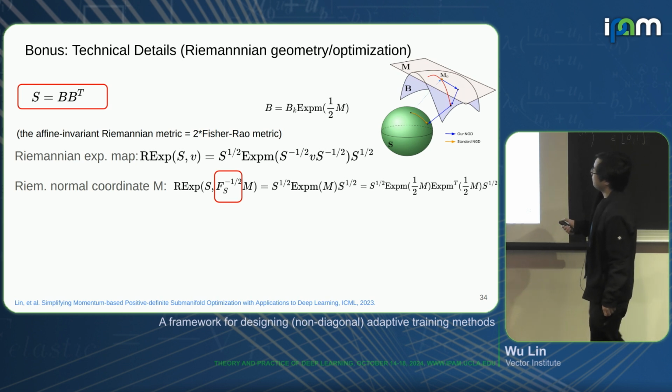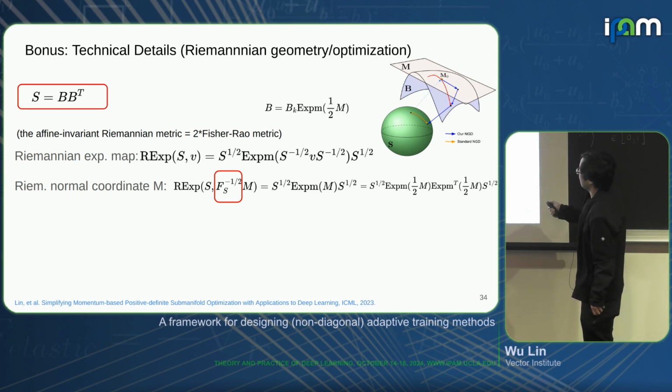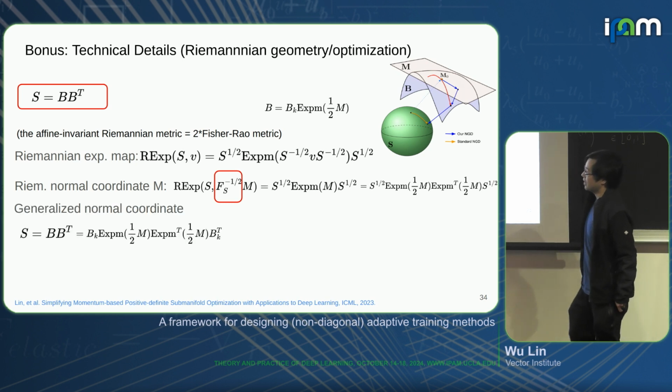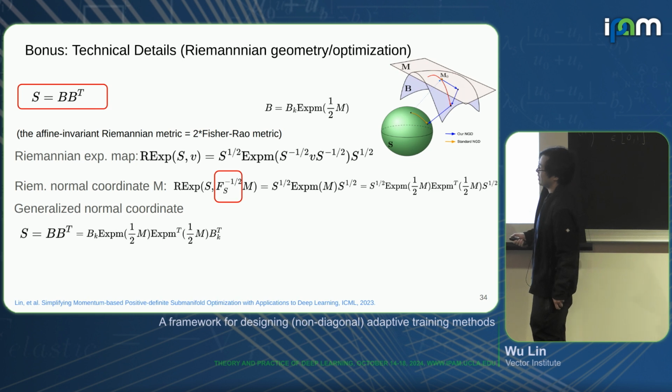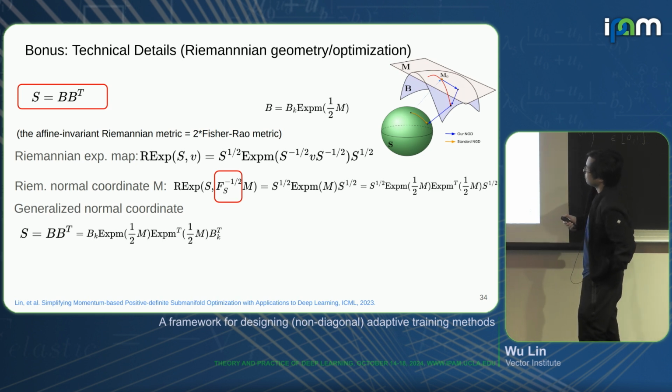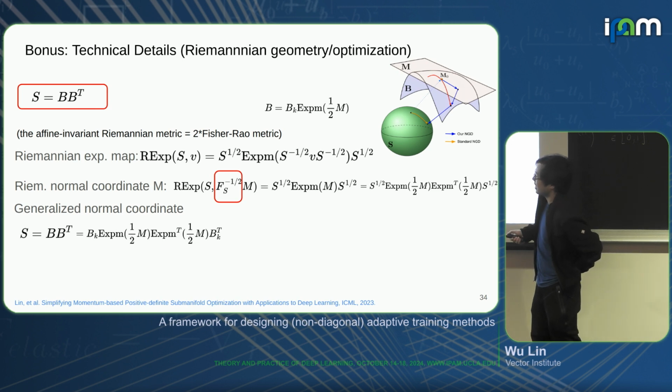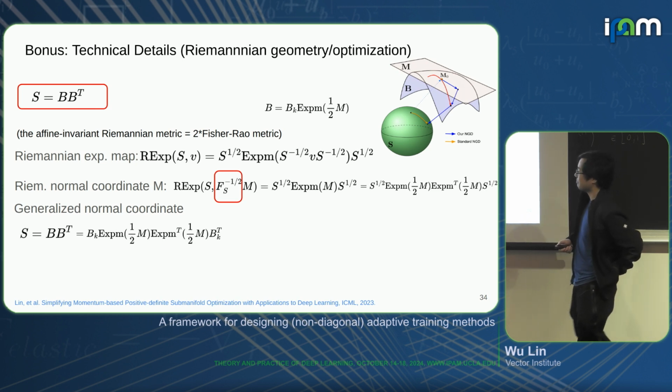So we can simplify and obtain this expression. Instead, we consider generalized normal coordinates. The main difference is that here this is the square root of the symmetric positive definite matrix S, the preconditioner, or maybe the inverse covariance. In this case, we're using a Cholesky factor of S here.